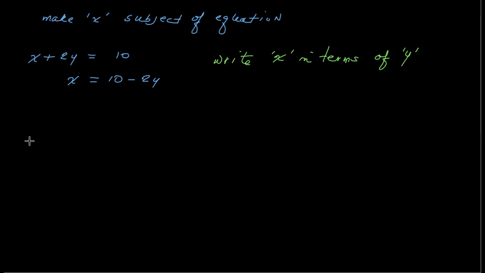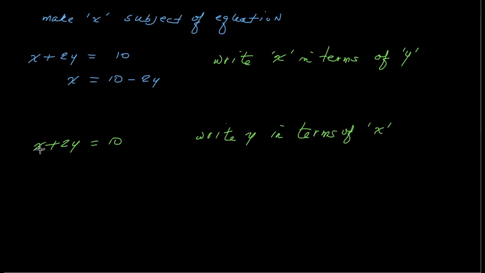What if I gave you the same problem? It says x plus 2y is equal to 10. And I say write y in terms of x. That means make y the subject of the equation. Now, what does that mean? That means x has to be treated as something that we don't want on the same side with y.